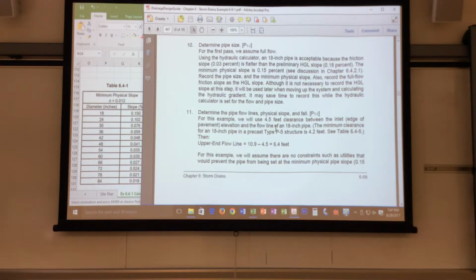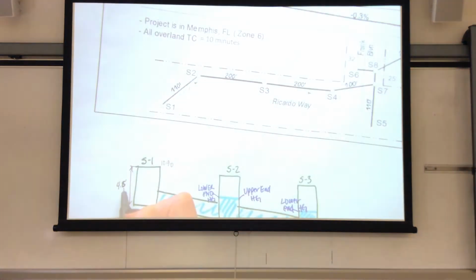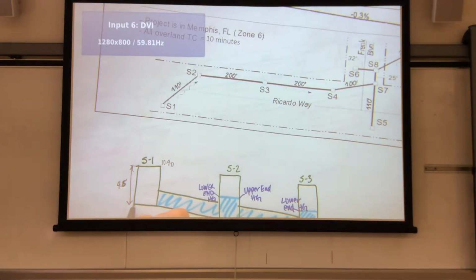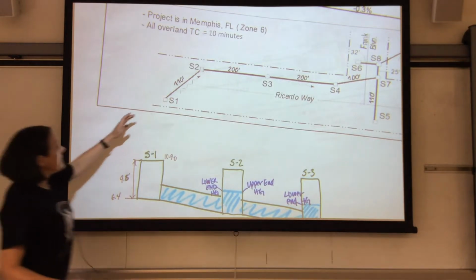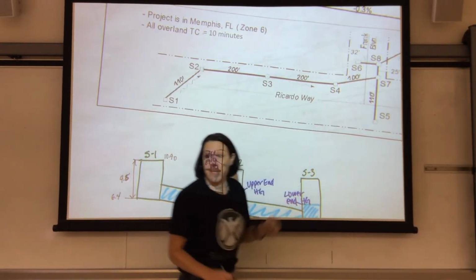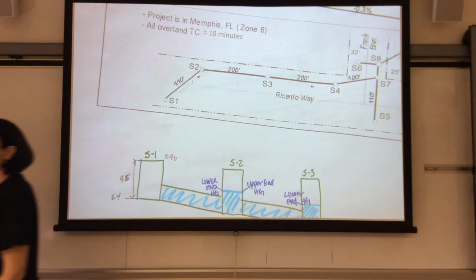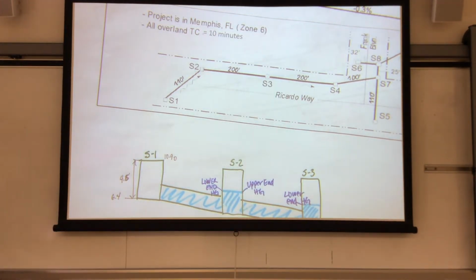So we're going to take the 10.9 minus the 4.5, and we're going to come up with an elevation of 6.4 down here. So that's going to be our first invert of the pipe, and we're going to build it going downstream. Everything's being calculated downstream. When we get to the hydraulic grade line, that's not going to be true. So right now we're building downstream.